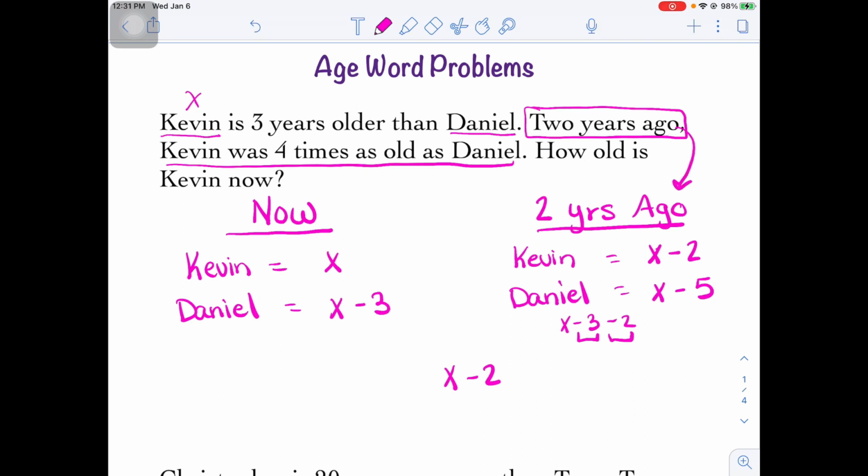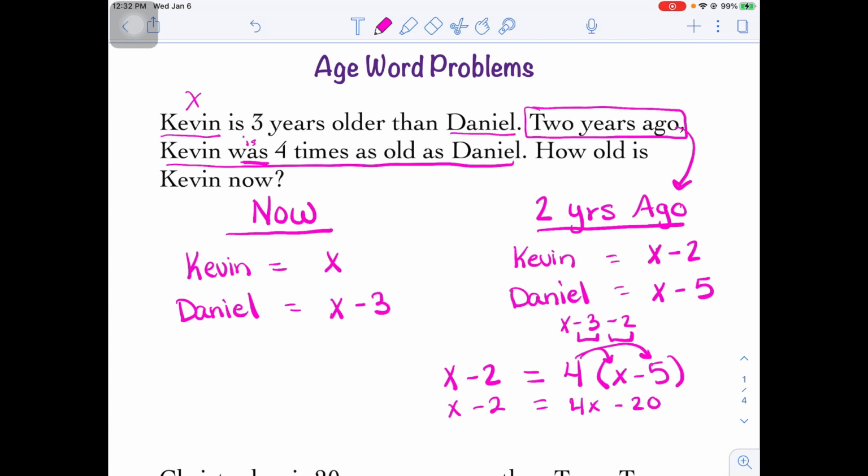That's the same thing as saying it in the present. So that equals 4 times what? 4 times as old as Daniel. Well, Daniel is X minus 5, so 4 times that. Now we're going to work that out. So we're going to distribute, and we end up with 4X minus 20.